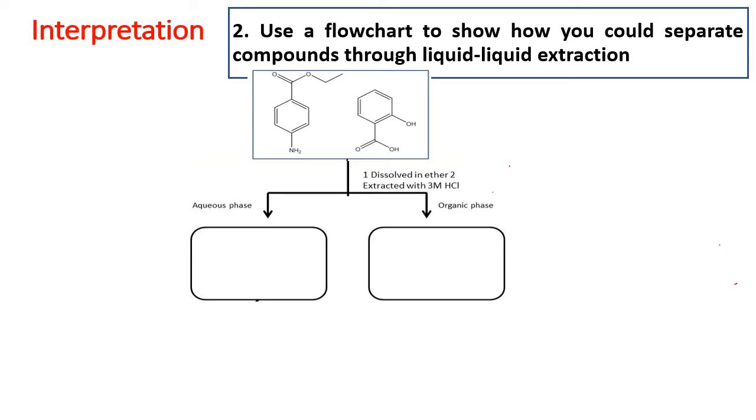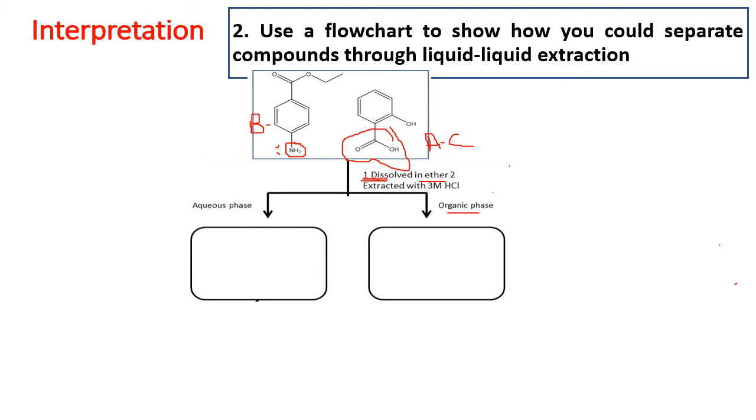I looked at the first one and decided that here I have NH2 with an available lone pair, so I said that this is a base. Then I looked at the next structure and found that it has a carboxyl, so I said that this is an acidic compound. The first step, step number one, is to dissolve both compounds in ether.